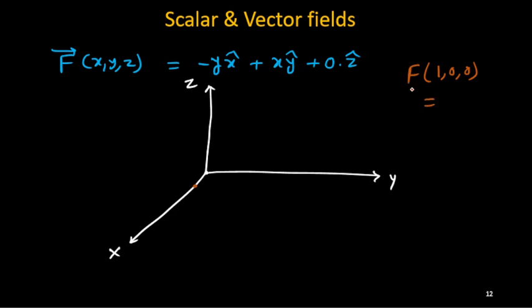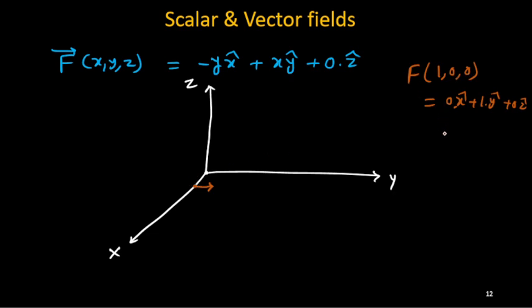So what is the value? y equals 0 gives 0 x vector, and x equals 1 gives 1 times y vector, and 0 z vector, that is fine. So this one I can put at 1 0 0. So 1 0 0 is this point, and there it is along the y direction, so I can put a direction like this along y. Is it perfect?